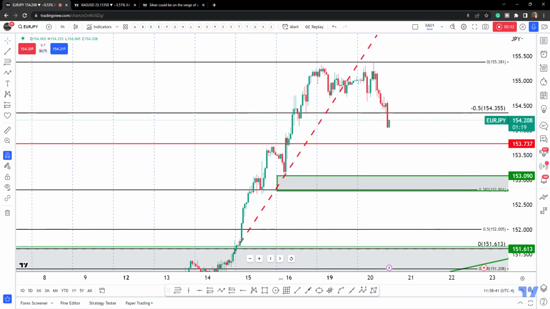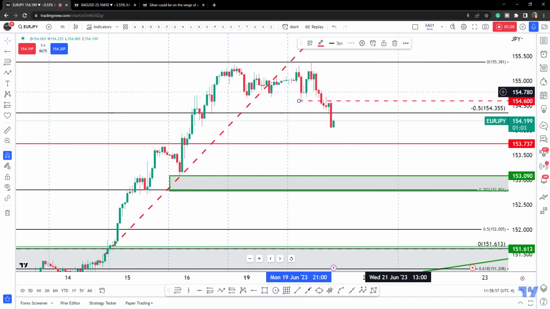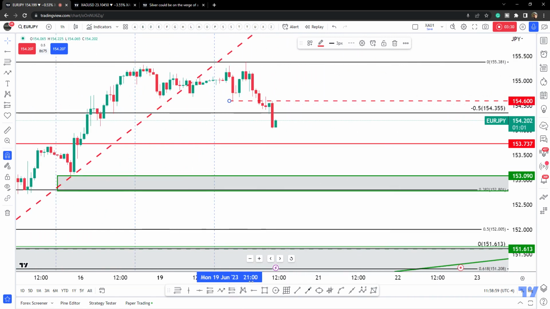We've broken the prior lows over here. These were the highest lows before the highest high was actually over here. So we've broken below there as well, which is bearish. That's acting as a resistance zone currently.